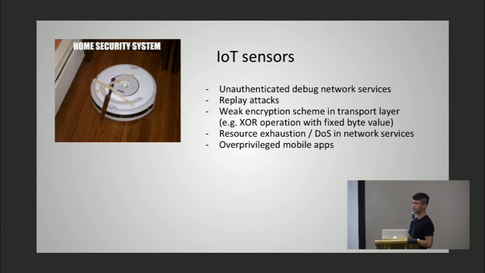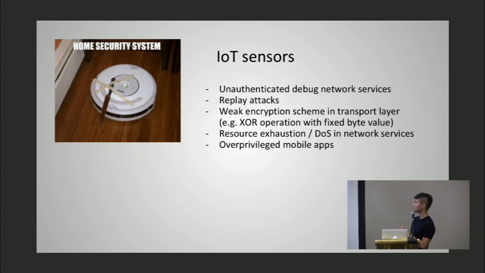So just some small fuzzing or even just piping /dev/urandom to that service using ncat or netcat can just make it crash. So it's usually as simple as that. Replay attacks, of course. You can just replay traffic and fool a sensor into, say, thinking that the temperature in that room is X degrees, while it's not really the case.